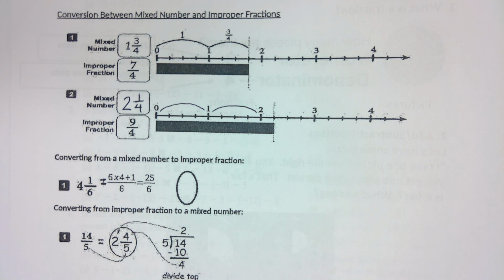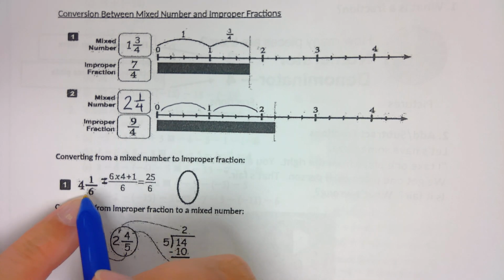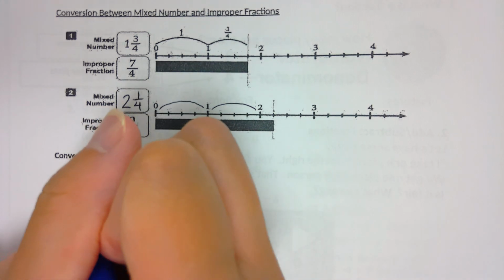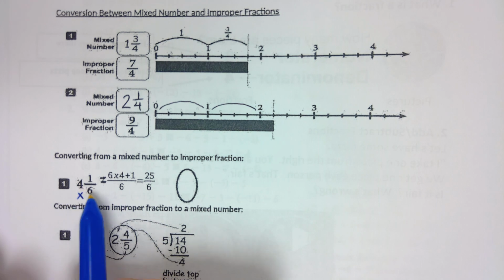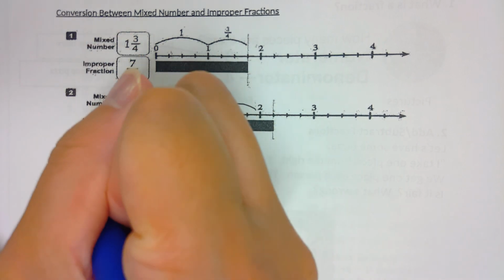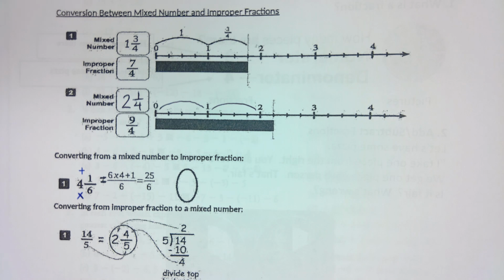But obviously, as I said yesterday, I don't want you guys to be drawing number lines because a number line takes too long. So there is a shortcut, a faster way right here. To change from a mixed number to an improper fraction, you will multiply the whole number with your denominator and then add your numerator.